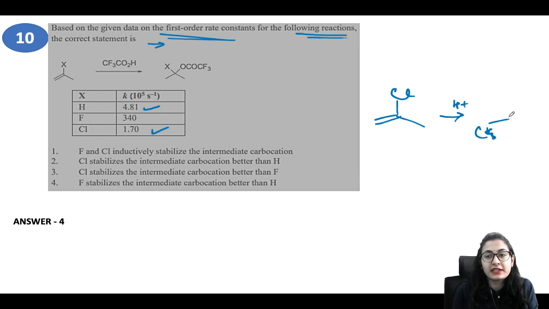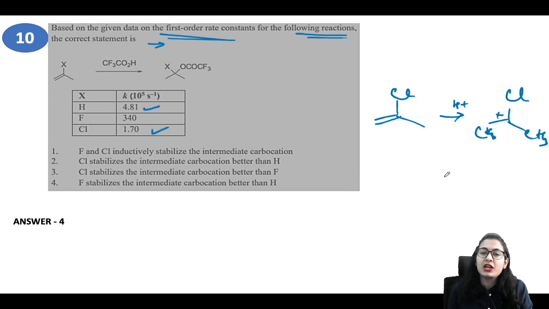This is going to become CH3. This is CH3 and there is a positive charge. So chlorine is lower than hydrogen. इसका मतलब ये तो है ही नहीं that chlorine is using a mesomeric effect or something. No. Otherwise it could have been higher. तो mesomeric effect use नहीं हो रहा है, not being used.